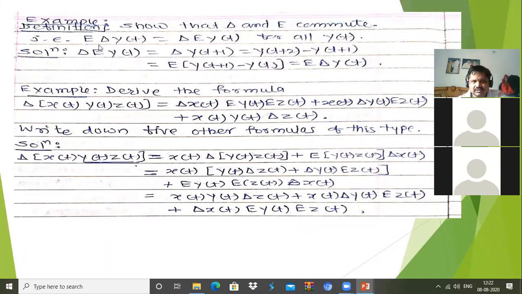That means you first take delta of yt and then its shift, which will be the same as first taking the shift operator and then the delta operator. So this means both are commutative. Whether you use E on delta or delta on E, both are the same. That is what we want to see here, and this property is called the commutative property.